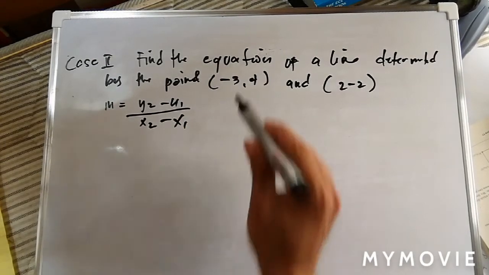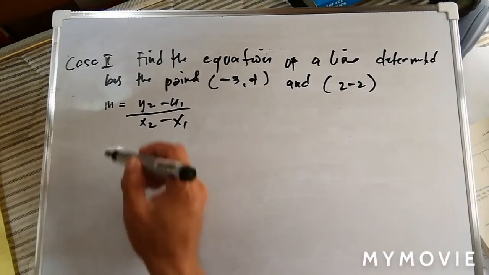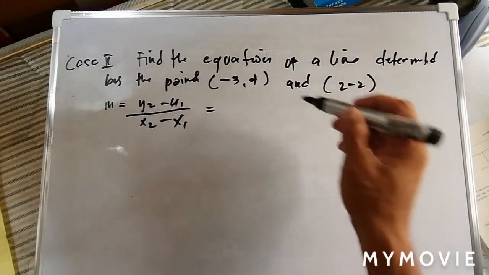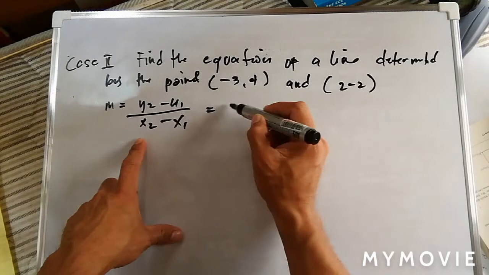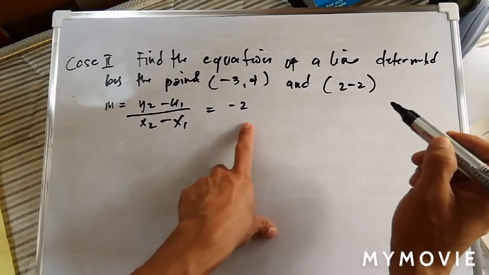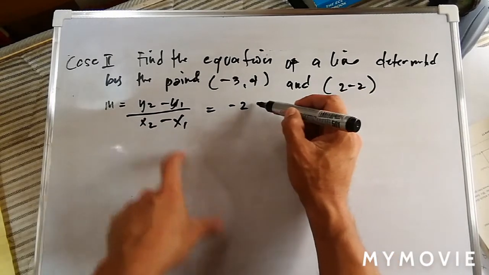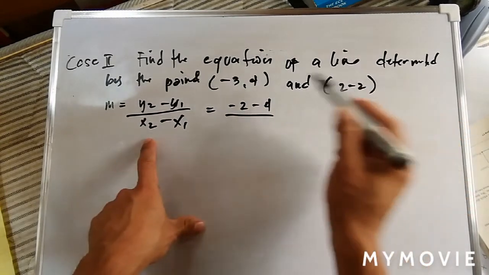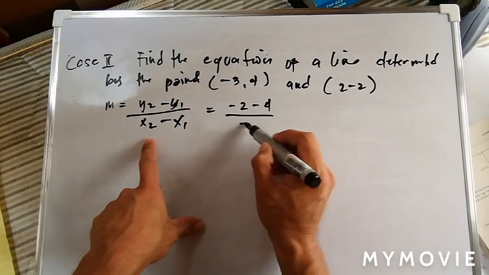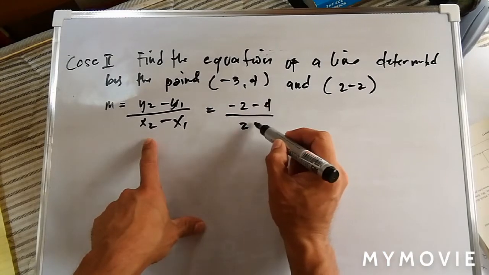Since we are already given point 1 and point 2, we can just substitute the values. So y sub 2 is negative 2, and y sub 1 is 4, so that's negative 2 minus 4, which is negative 6, over x sub 2, which is 2, minus x sub 1, which is negative 3.